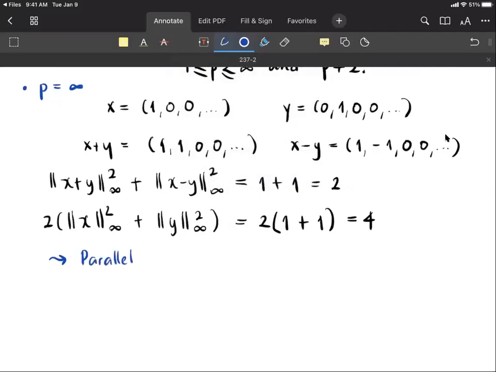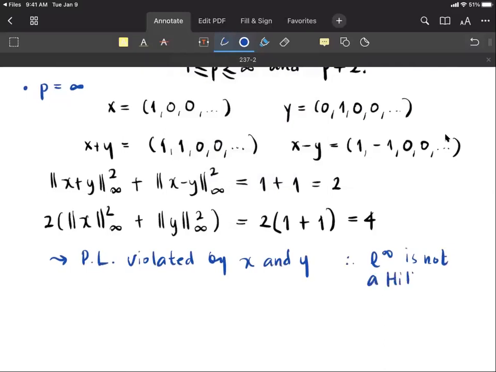So let's say here, parallelogram law violated by x and y. Okay, hence L infinity is not a Hilbert space. In other words, you cannot find an inner product that will induce the norm of L infinity.